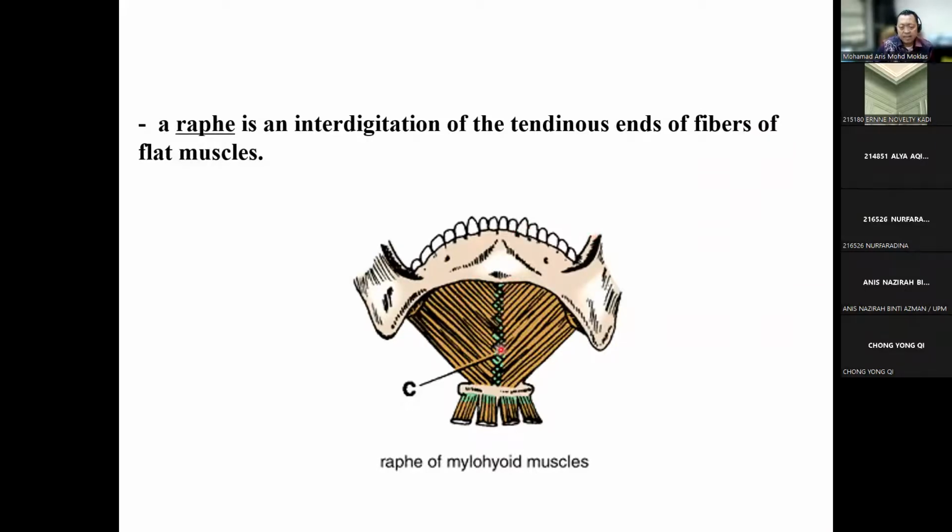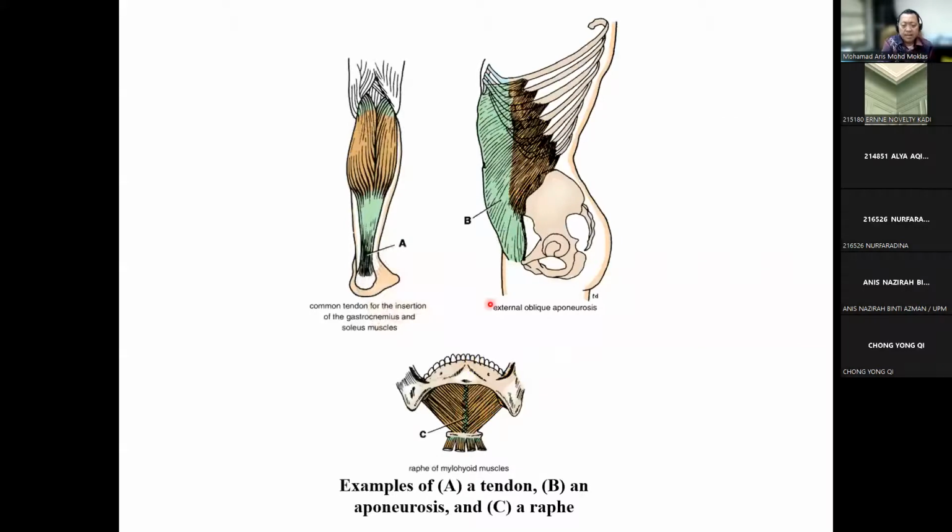For example, here, just underneath your lower jaw, there's a muscle here, the mylohyoid muscle. They are connected in between with the tendinous interdigitation of the tendon here. So this green color here represents the raphe. Okay, examples of tendon, aponeurosis, and also raphe.